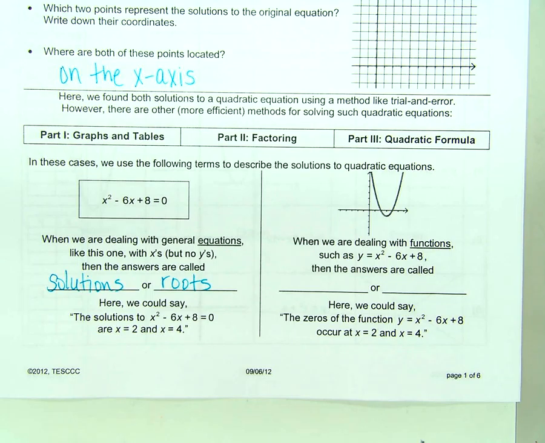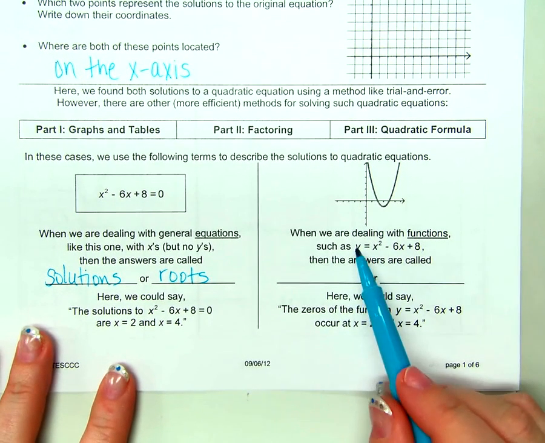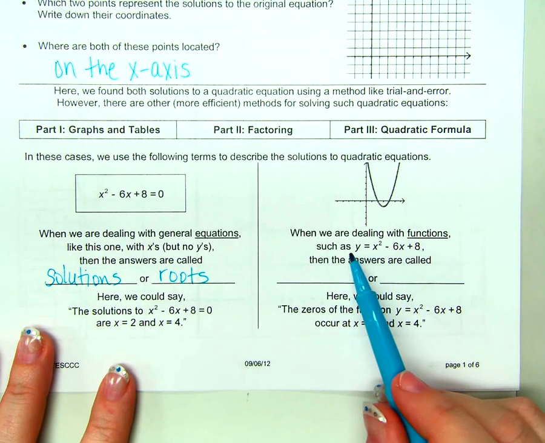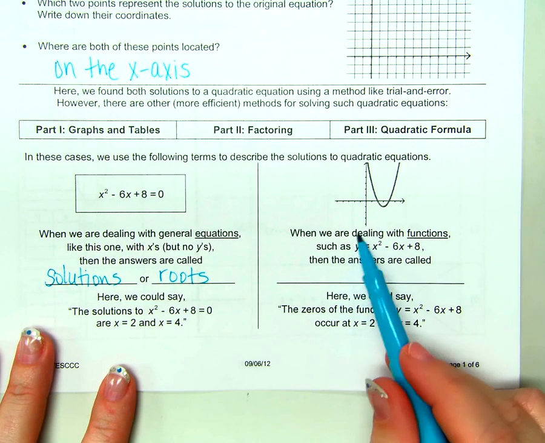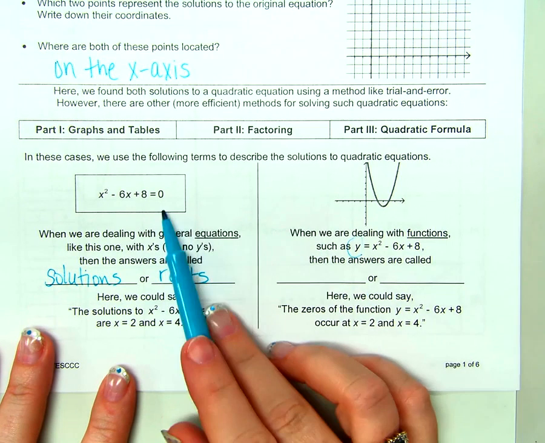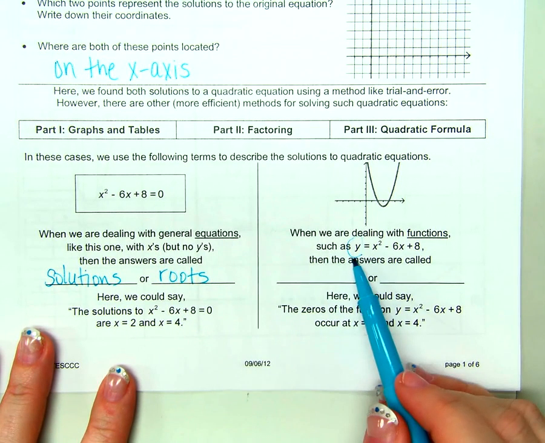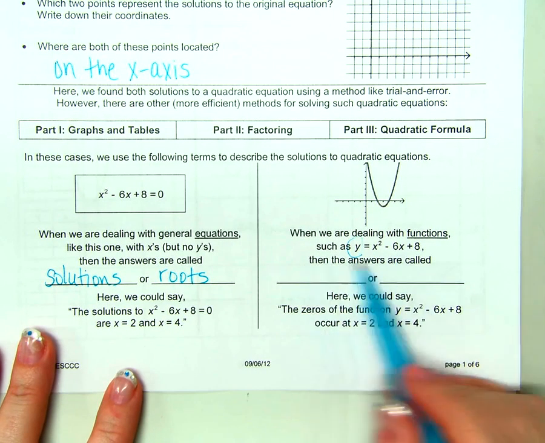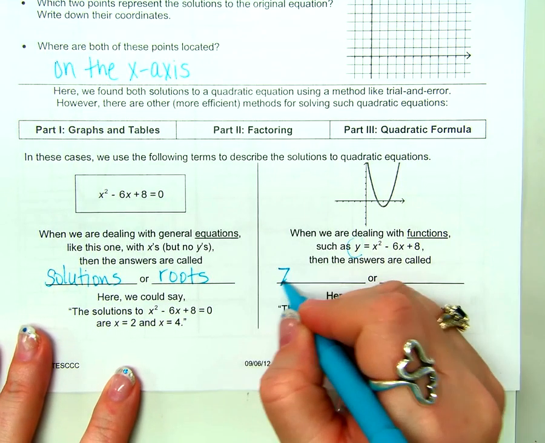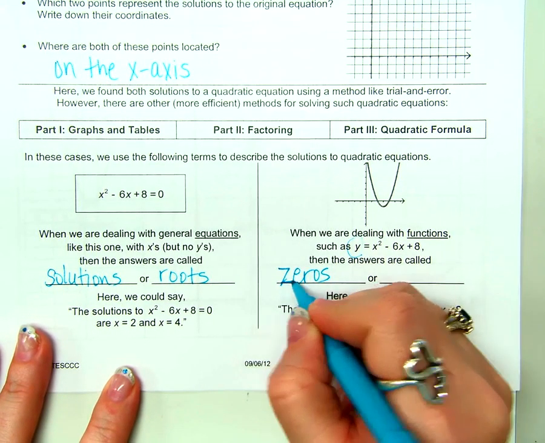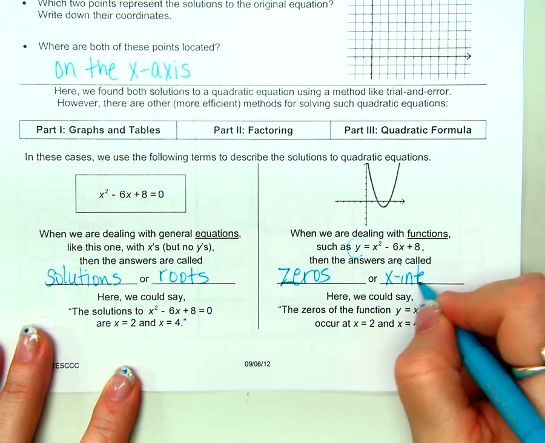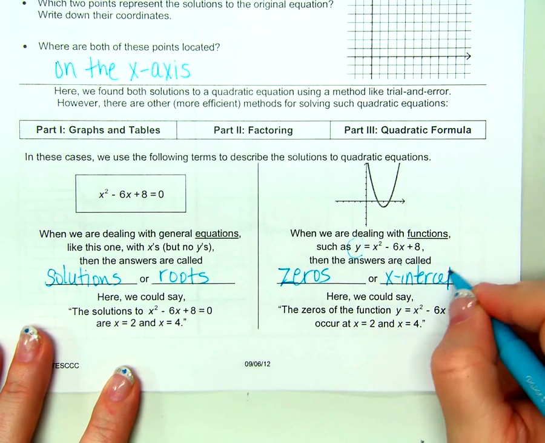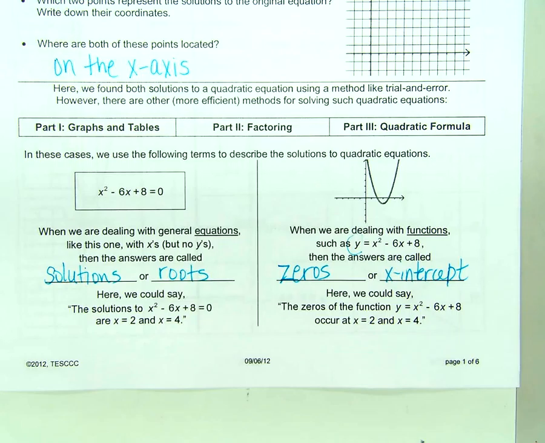Okay? But how is this one different? Right here. How is that different? It's y equals, right? It's not z equals 0, it's y equals. Okay? These answers are going to be called zeros or, not trees, zeros or x-intercepts.